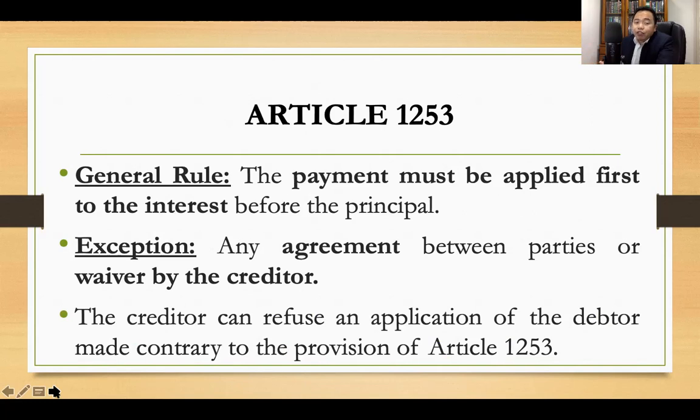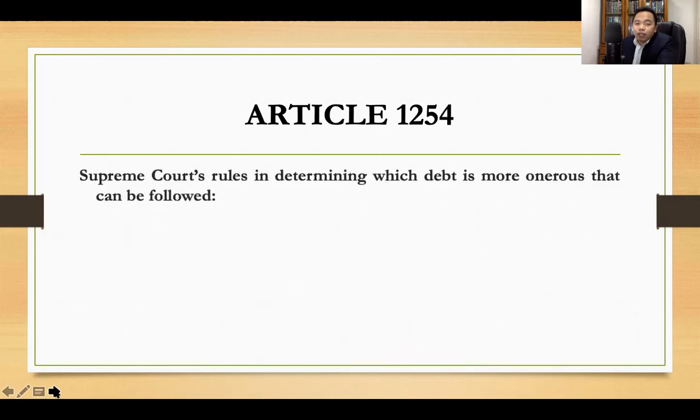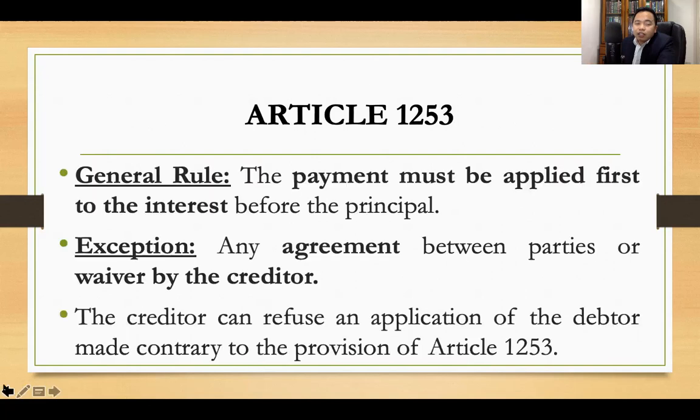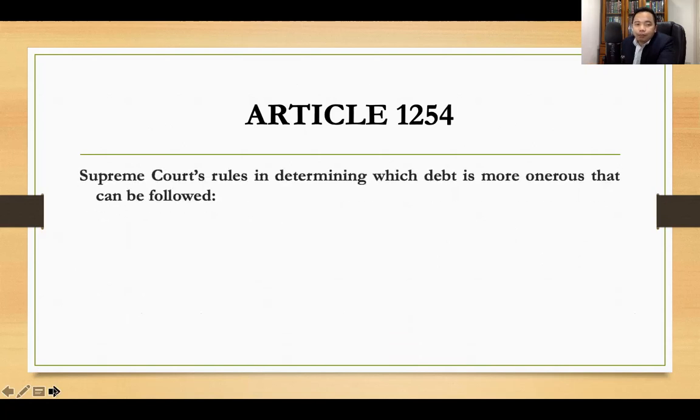The creditor can refuse application of the debt made contrary to the provision of Article 1253. In other words, class, the debtor has no right to insist on the application of payment to the interest first. Okay. Let us go to Article 1254.